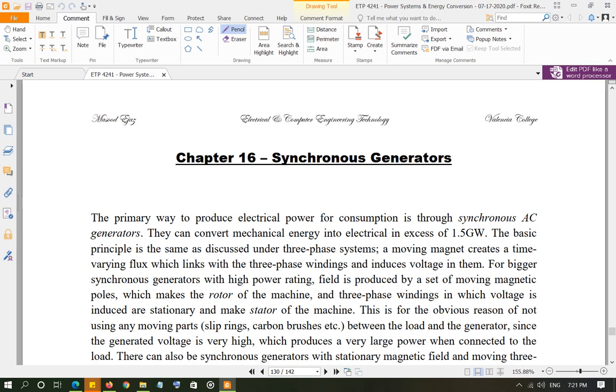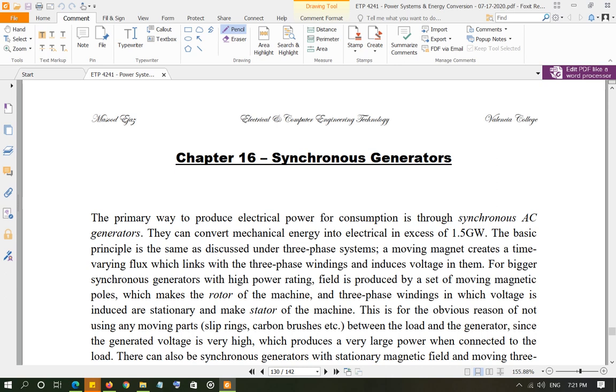Now the rotating armature interacts with the flux, and according to Faraday's law of electromagnetic induction, the flux changes, and the voltage is induced in the windings of the armature. So the idea remains same.